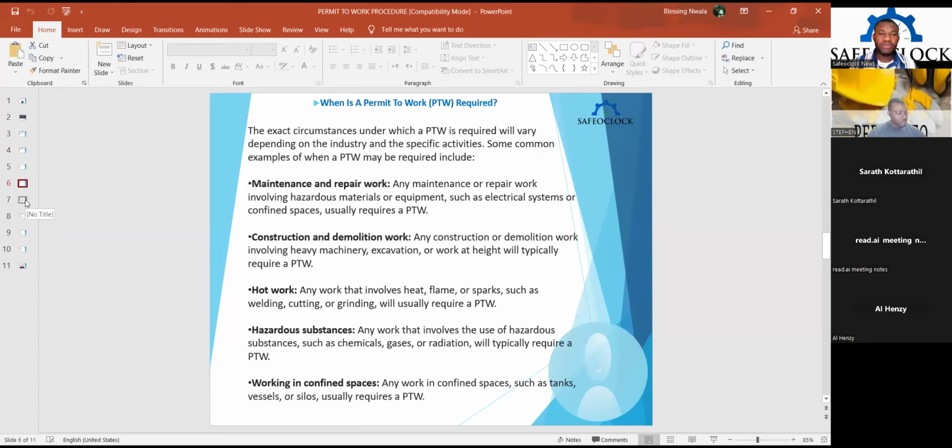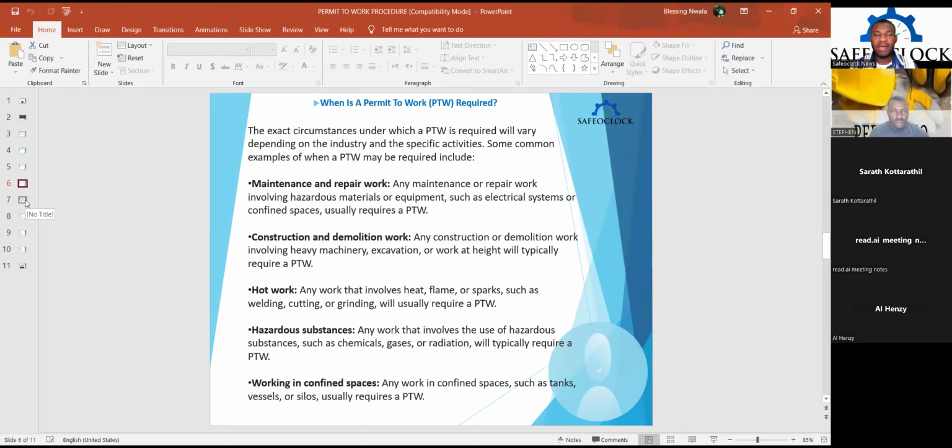Okay, so he has defined the permit to work procedure, and he has also defined what a permit is. I wouldn't start going through those again. So we know that permit to work is required in different aspects or segments of activities. Depending on the industry, it might be maintenance or repair work.